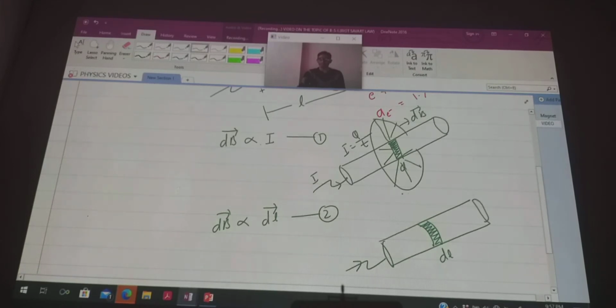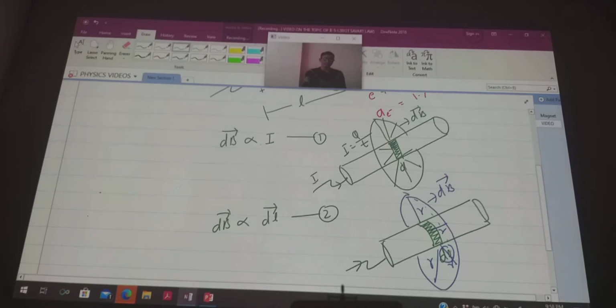Then the magnetic field is around it, at a distance r. This dB is directly proportional to dl. If dl is an elementary length, then its magnetic field will be elementary.